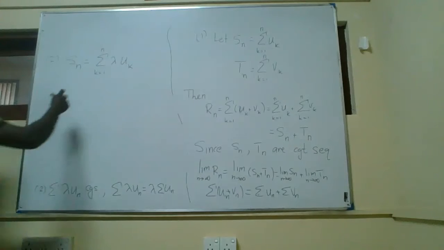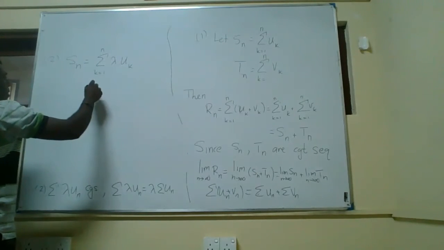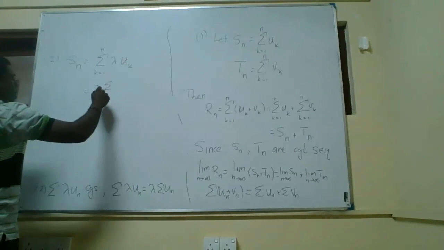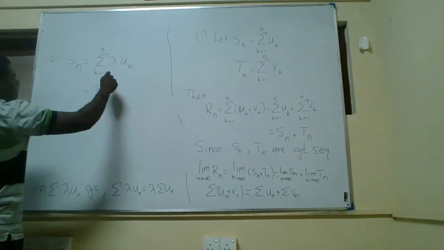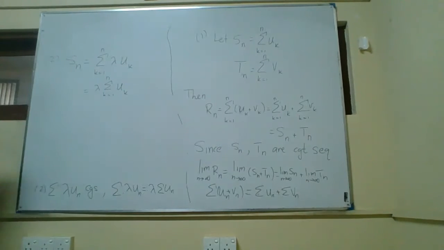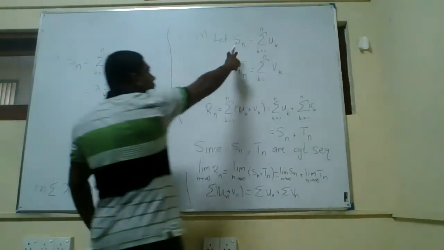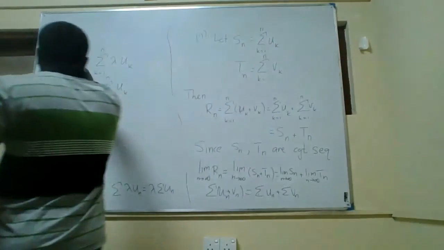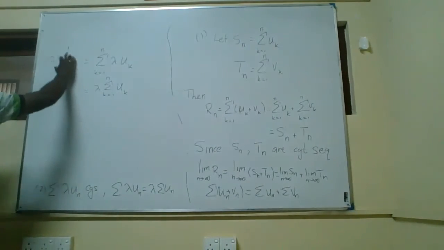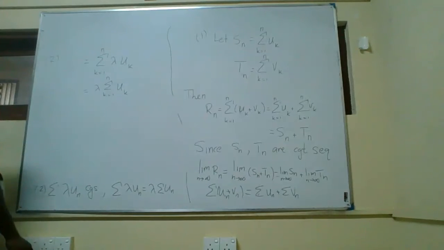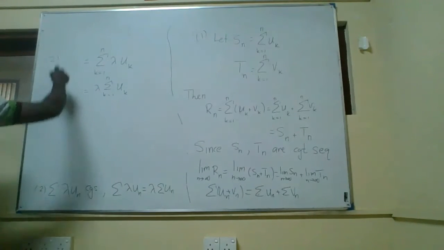You can always take lambda out and write it as k running from 1 to n of uk. Sorry, because I used Sn here, I have to use a new notation. Let me say Wn.